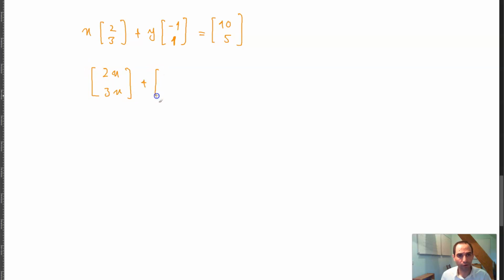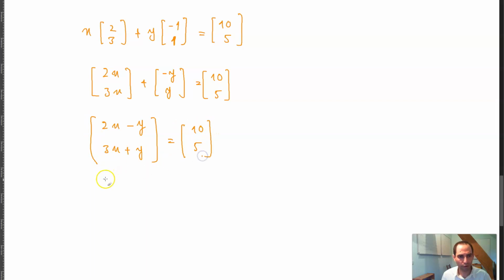Multiplying y over there, you'll get negative y and y. Adding these two together, you'll get 2x minus y and 3x plus y, which is equal to 10 and 5, which means that 2x minus y is equal to 10 and 3x plus y is equal to 5. This is a system of equations.